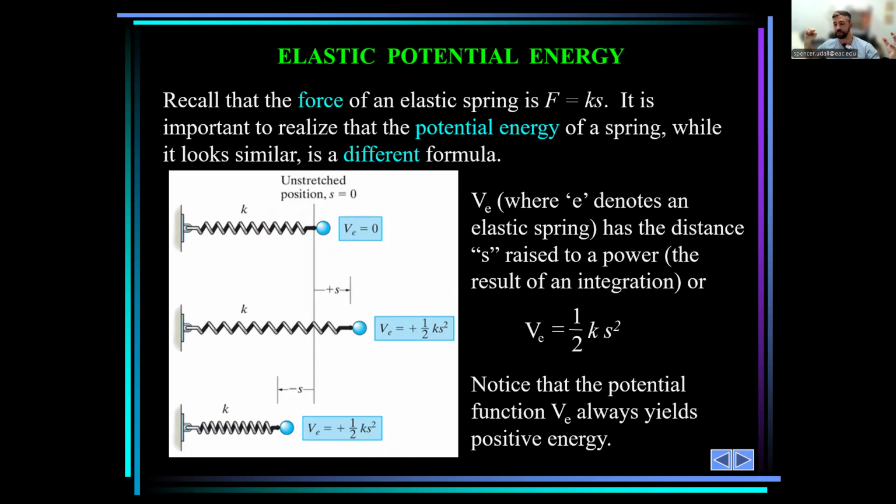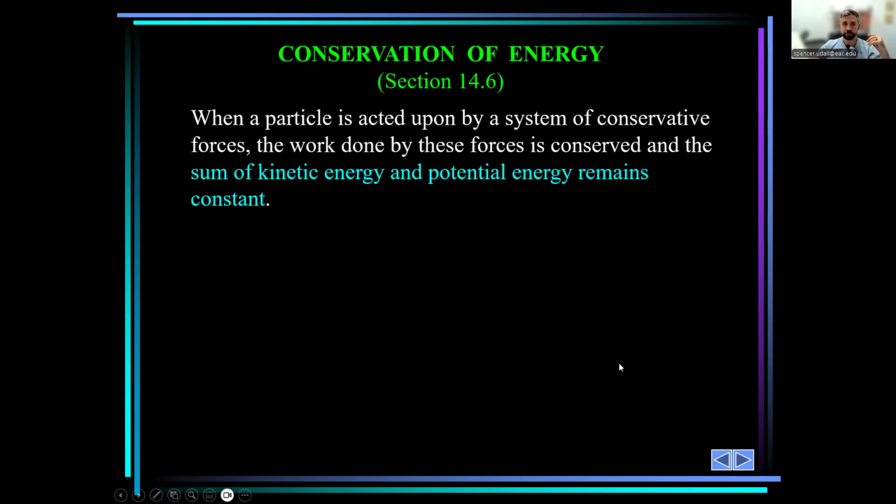No, so it's going to be positive potential energy. It's going to shoot in the same direction as the velocity, right? Or if you compress it, right? Now when you release it, it's going to push the same direction as the motion as well. So the kinetic energy and the potential spring energy are always going to be positive there.